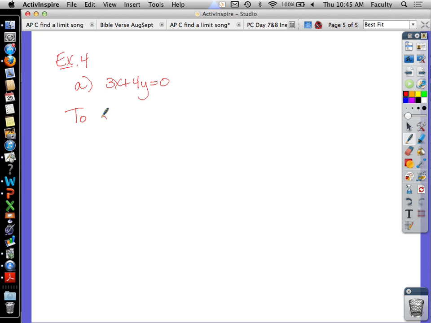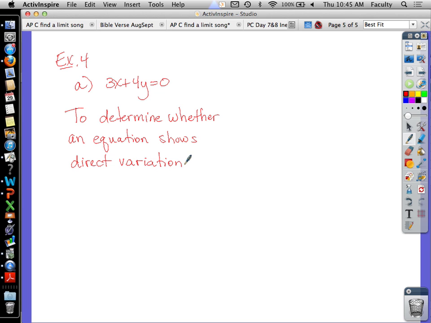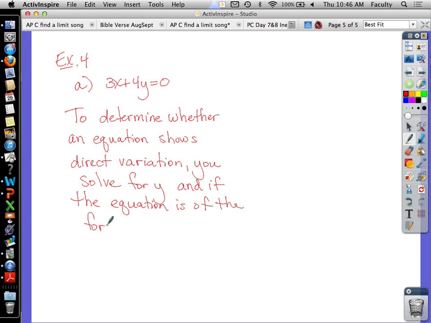So let's write ourselves a note here. To determine whether an equation shows direct variation, you solve for y, and if the equation is of the form y equals ax, then yes, it does.